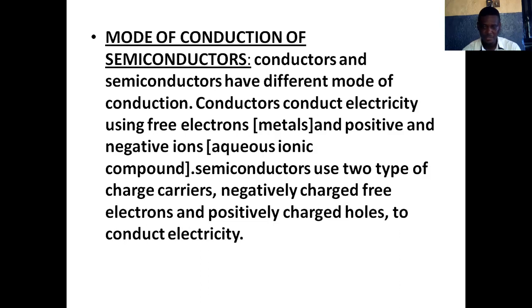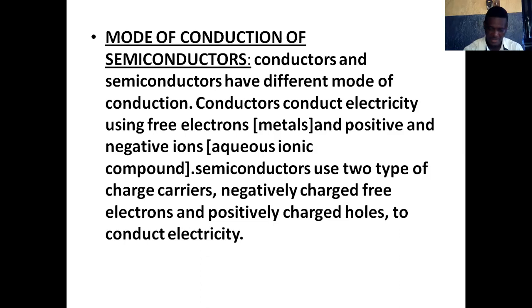The terminal, that's the electrode, the positive rod, negative rod, or plates, as the case may be, whatever they are using as the what? Electrode, and so on and so forth. Now, the charge carriers in an aqueous ionic compound are the positive ions and the negative ions. Now, semiconductors. Semiconductors use two types of charge carriers: negatively charged free electrons and positively charged holes to conduct electricity. So that is what semiconductors actually use for their conduction of electricity.